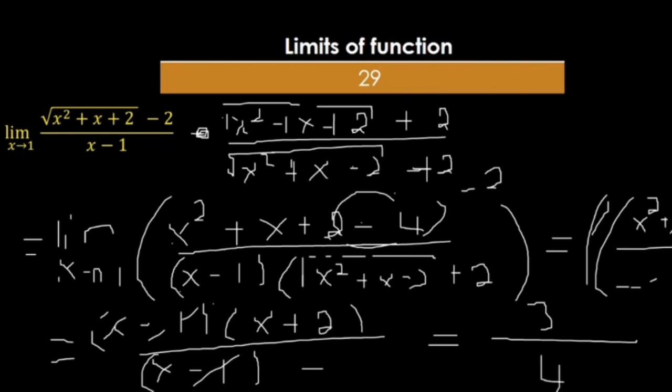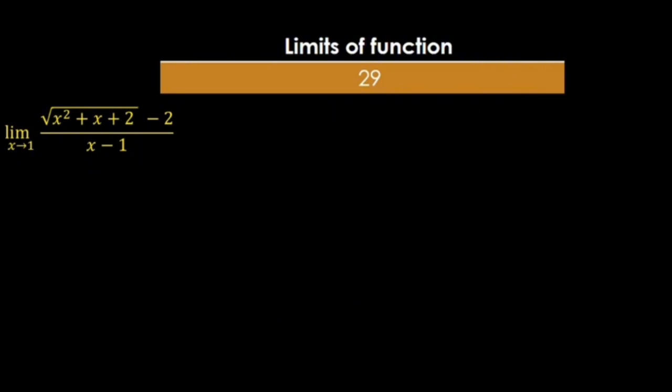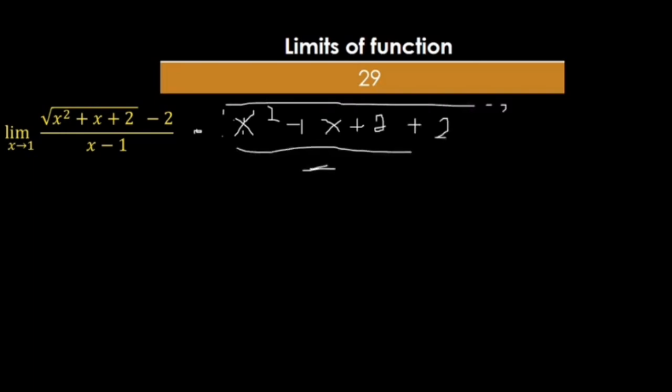Hope you understood the solution or the method we use in solving, because at this point it's really somehow blurry. You have been following. Let's do it in a clean way. Okay, you can use the shortcut. When we multiply here by the conjugate, that is square root of x squared plus x plus 2 plus 2, we just have to put a dash here to indicate that it's the same thing.